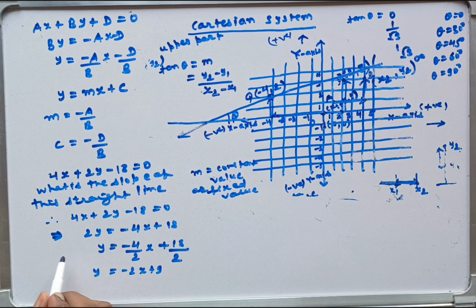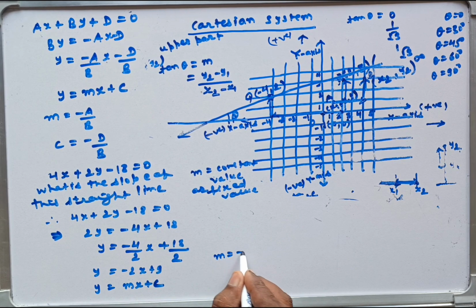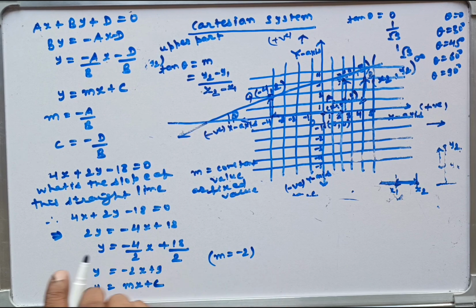If we compare this equation with the equation of a straight line y equals mx plus c, then m equals minus 2 is the slope of this straight line.